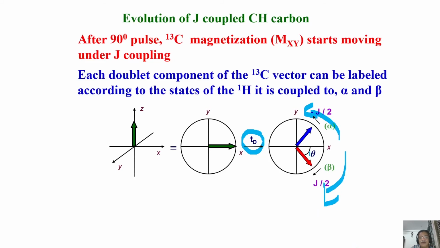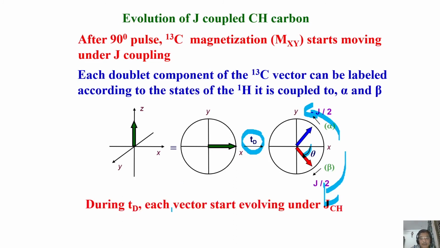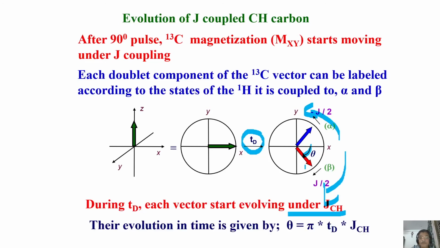At any given instant of time, I can find out the angle theta by which these vectors have moved. Each vector starts evolving under the coupling JCH.